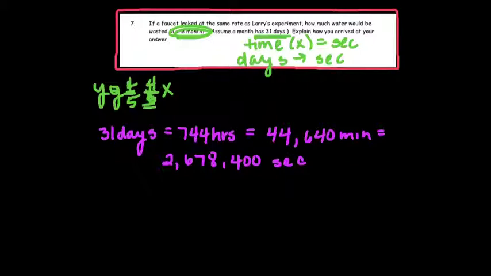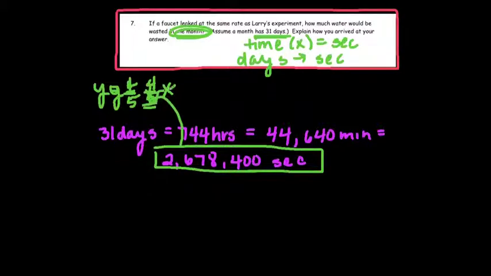So this is the number we're looking at here, and this is the number I'm going to take and plug in for that x. So let's rewrite this as y equals 4/5, and then instead of that x, I'm going to write 2,678,400.